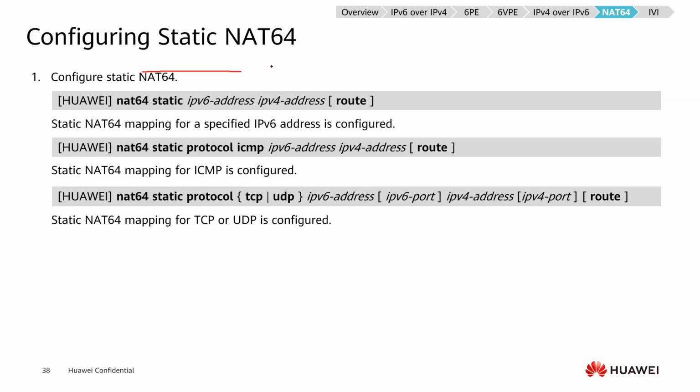And for the static NAT, you need to configure the static NAT, just to configure the mapping between the v6 and the v4 address. Also, you can configure the mapping for ICMP or for TCP or UDP, from the v6 to the v4 with the port number.